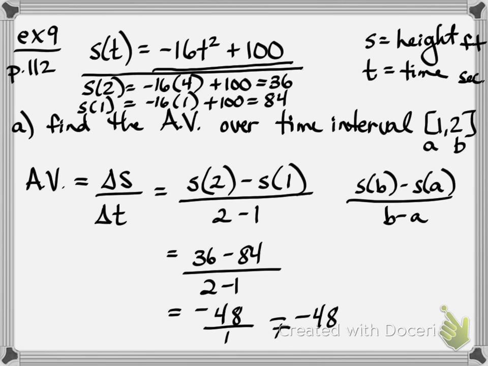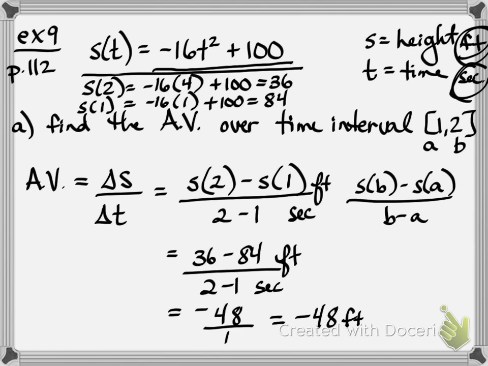So let's think about that for a second. If the average velocity is negative 48, let's get our units. Position was in feet, time was in seconds. So this is negative 48 feet per 1 second, or negative 48 feet per second.